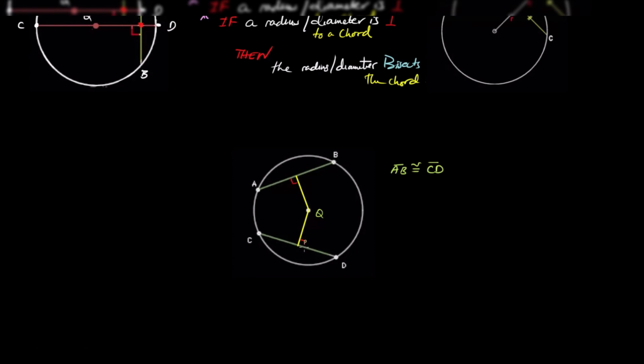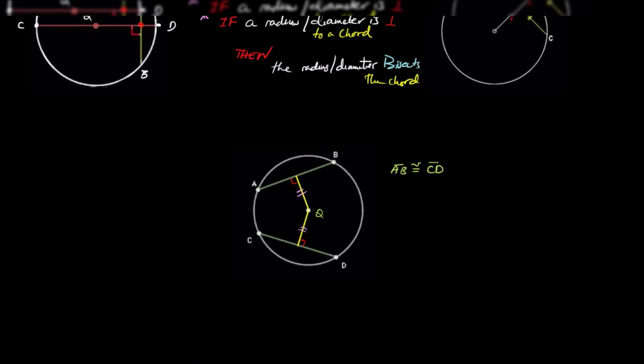So what can we say about this particular distance right here, or the length of this particular small segment? Well, if two chords are congruent, then intuitively this distance here should be congruent, and that is indeed the case. If two chords are congruent, then they're equidistant from the center of the circle.